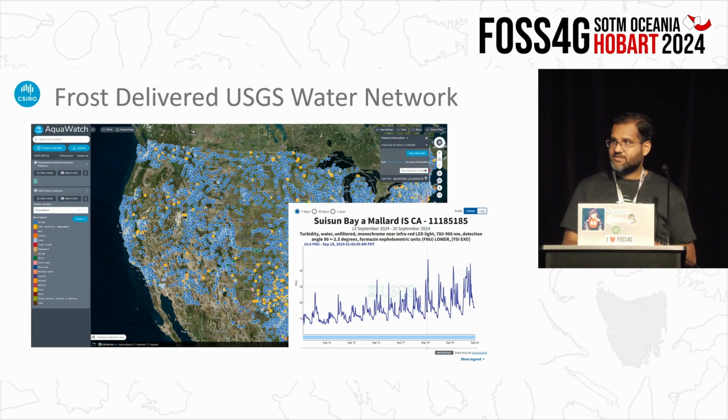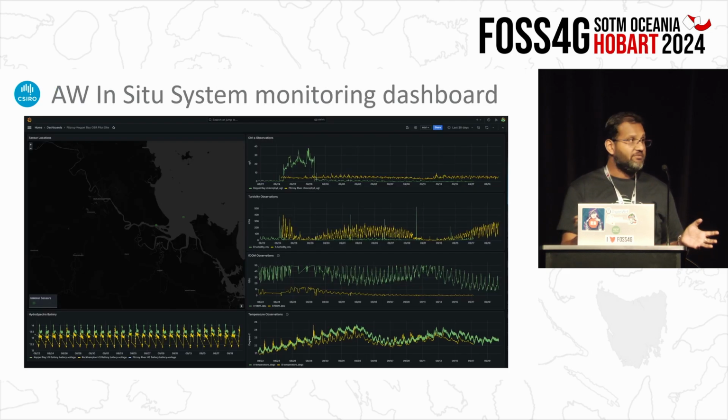So that's very, very cool. One day maybe we'll have something dense like this in Australia, integrated like this. I believe the states have different sensors, but it's not pulled together by a national agency yet using an open standard. So there are a couple of ones we have in the Aquawatch program.